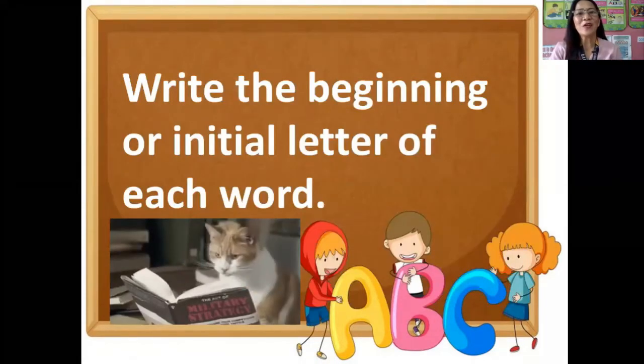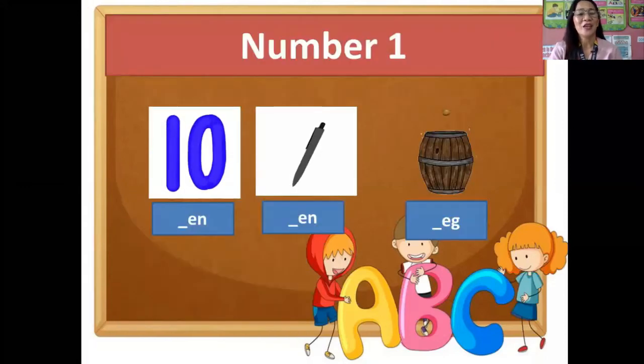Write the beginning or initial letter of each word. Number 1, look at the picture. The first picture is a ten. The word ten begins with letter T. The sound is T. And the word is ten.